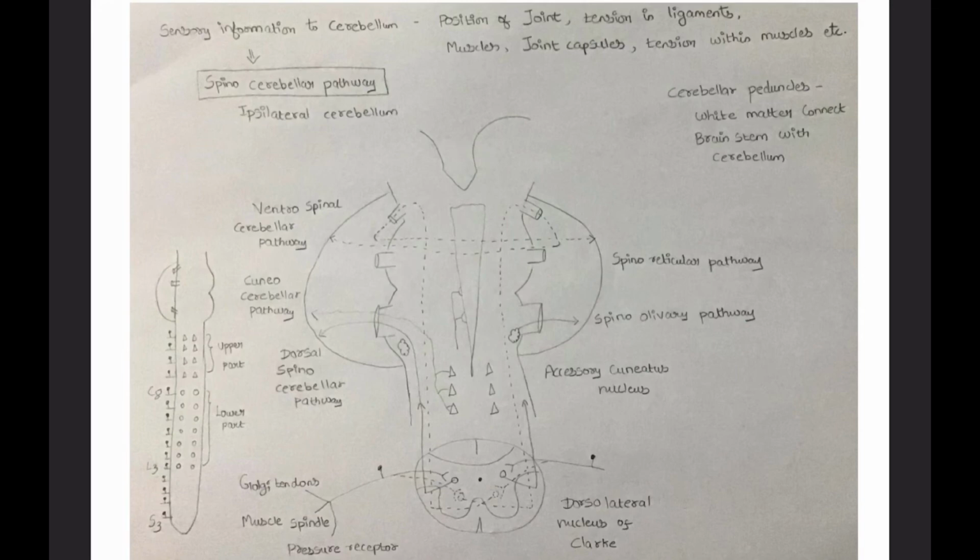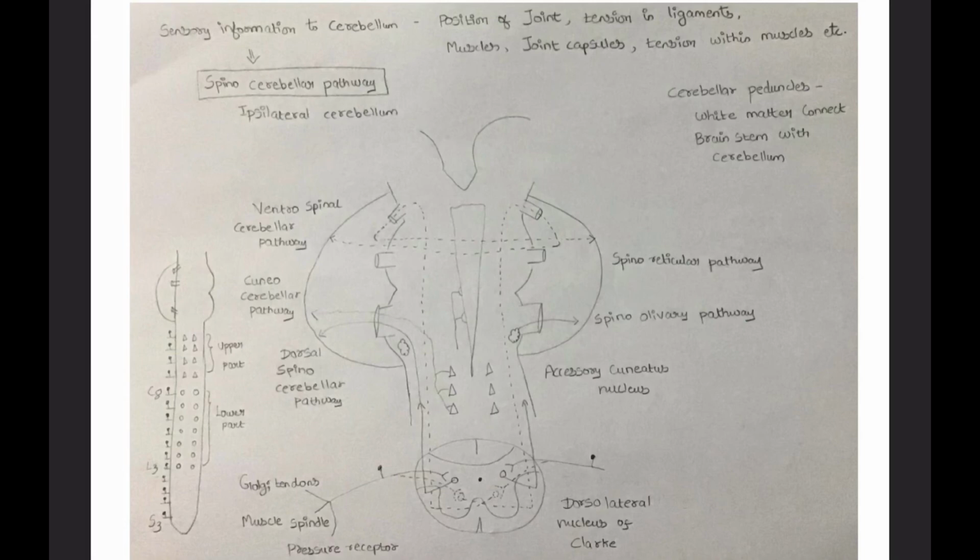You are not aware of these positions because these are inside your body. So this sense of position inside the body is transmitted by sensory nerve fibers to the cerebellum. The external sense of position, that is the position of your head, hands, legs, when you are running, sitting or walking, is transmitted by the sensory nerve fibers to the cerebrum in the cerebral cortex.